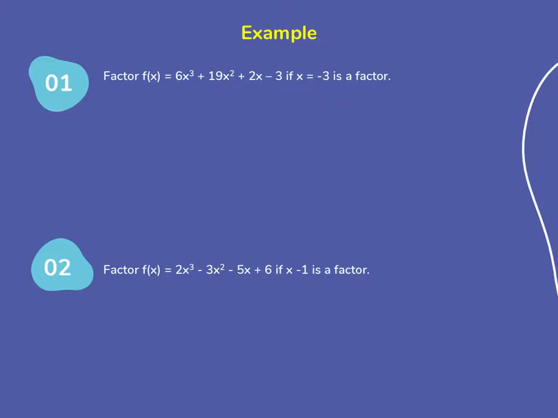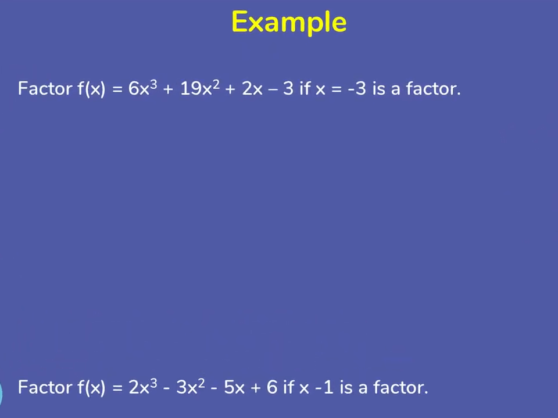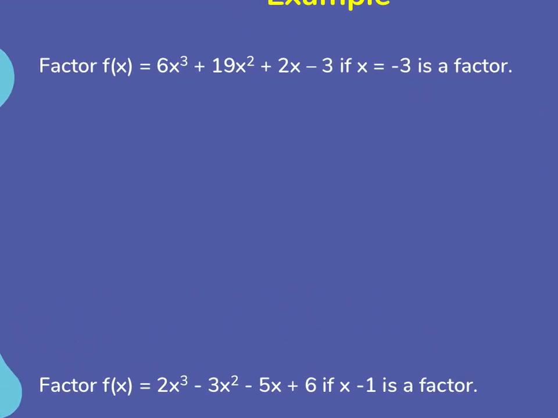So this one just says factor f of x equals 6x to the third plus 19x squared plus 2x minus 3 if x equals -3 is a factor. So first of all, normally if we just saw factor and we had 4 terms, what would we do? Group them. Good.